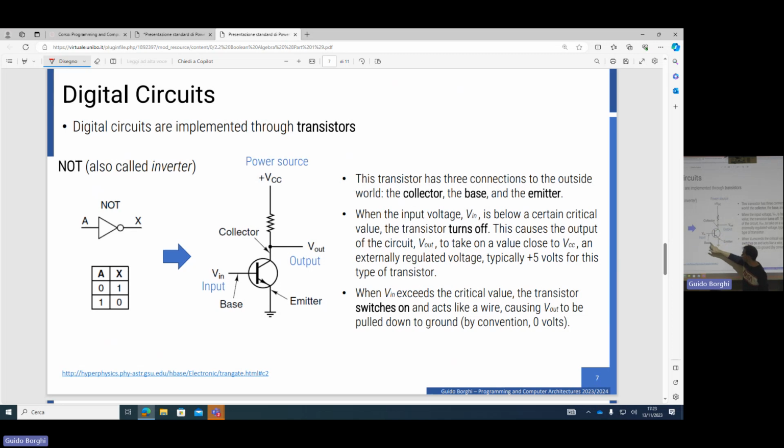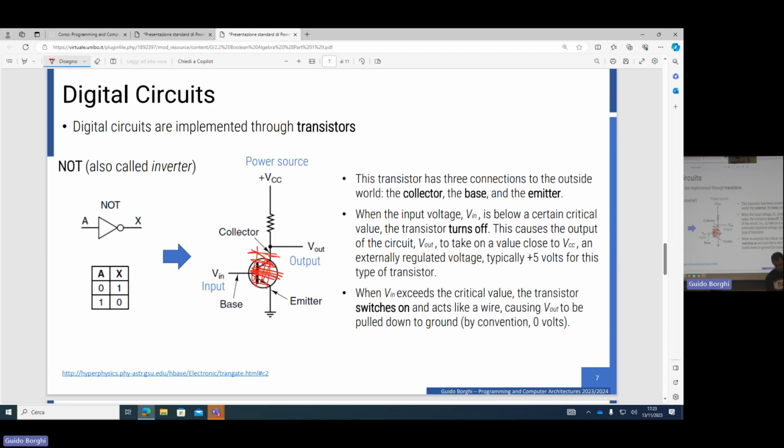You have to remember that the base is the external signal that we use to control the transistor, that is a switch, okay? It's like my finger that I use to power the lights on or off, okay? It's this external control that we use to control the behavior of the transistor. If we apply a very low voltage on the input, so we are controlling the transistor, we stop the functioning of the transistor.